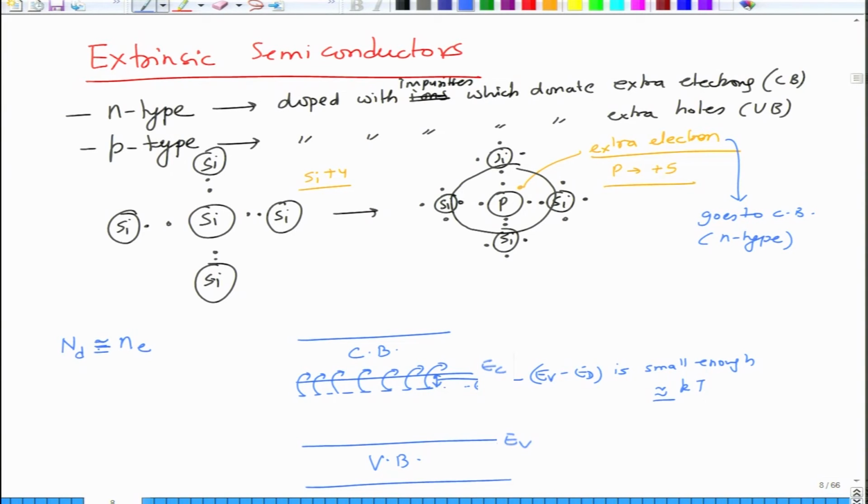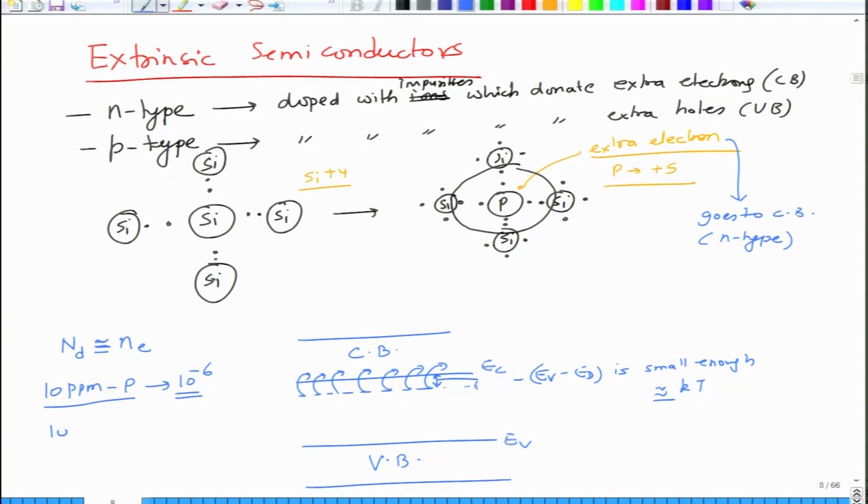So if you for example dope with 10 ppm phosphorus, 1 part per million means 10 to the minus 6 for every part. So basically if in a million you have 10 phosphorus atoms, based on the concentration of phosphorus atoms you will have the carrier concentration.